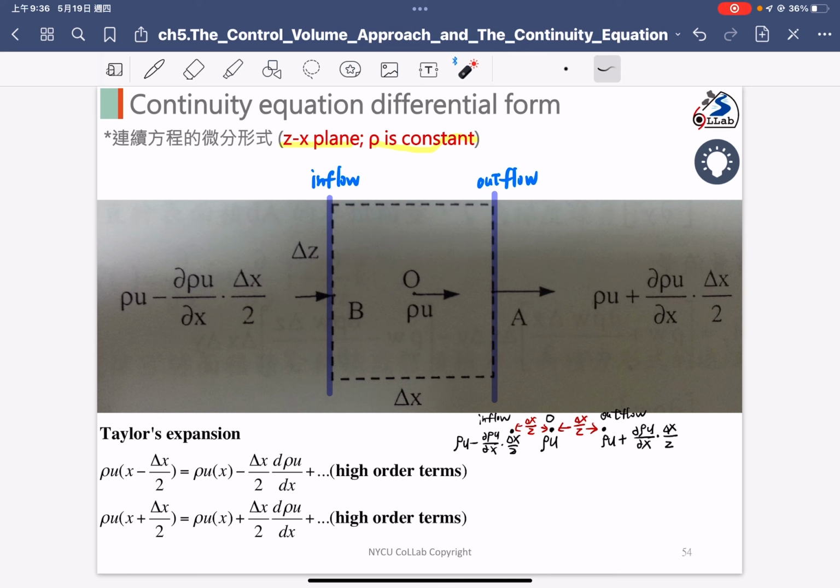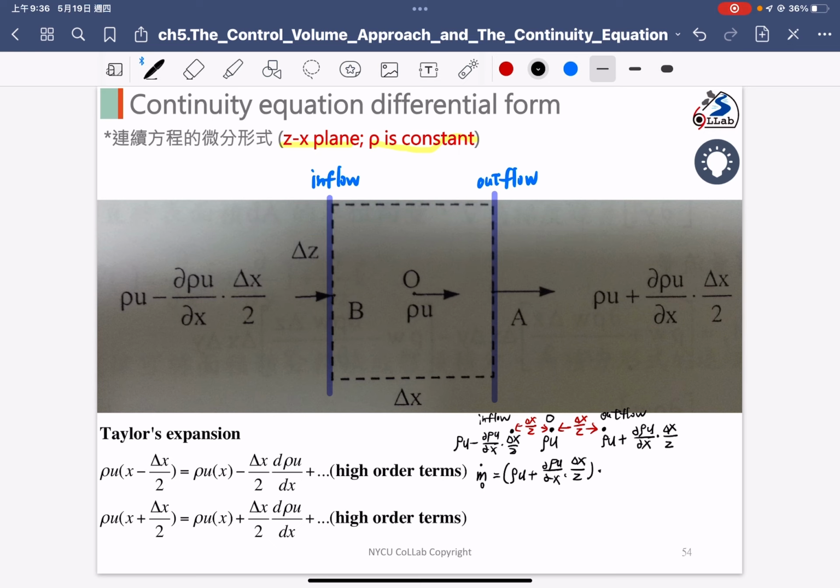So right now we can calculate the mass rate because we have the rho u values. For the outflow, the mass rate is equal to rho u plus the gradient of rho u with respect to x multiplied by delta x over 2, and we need to multiply by the cross-section area.